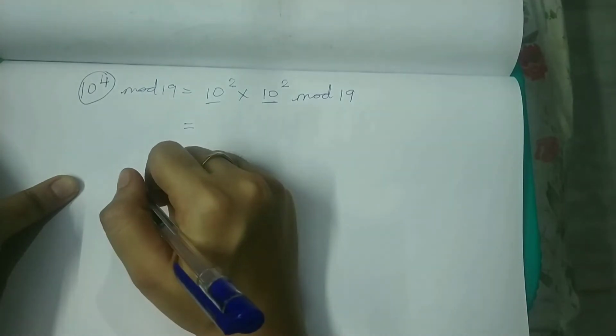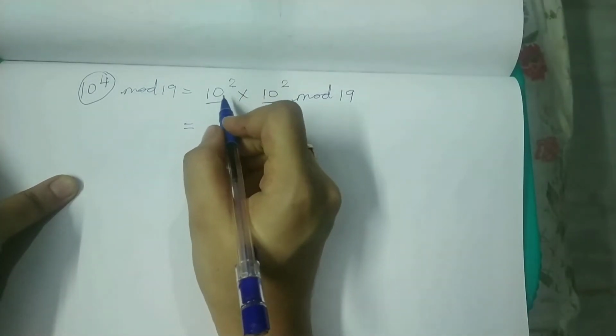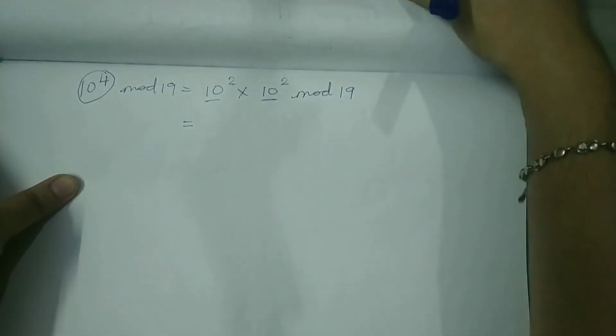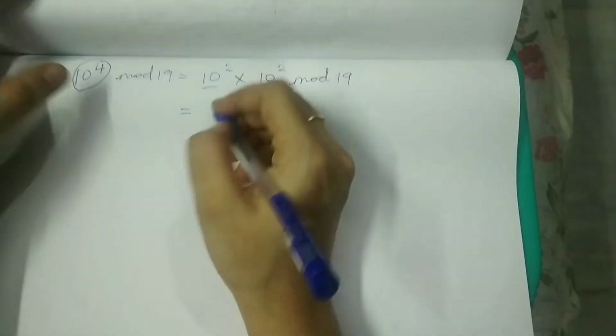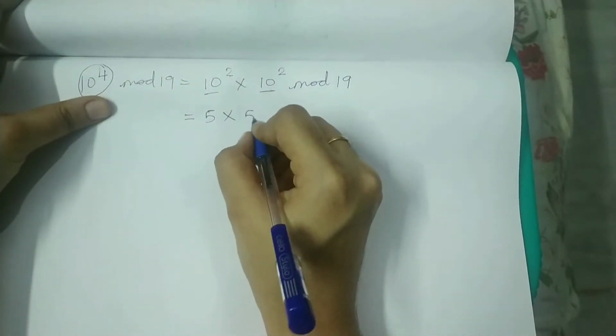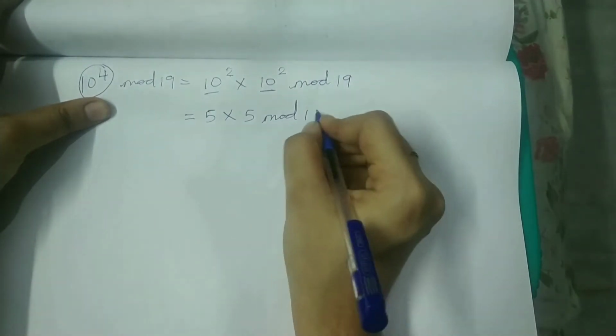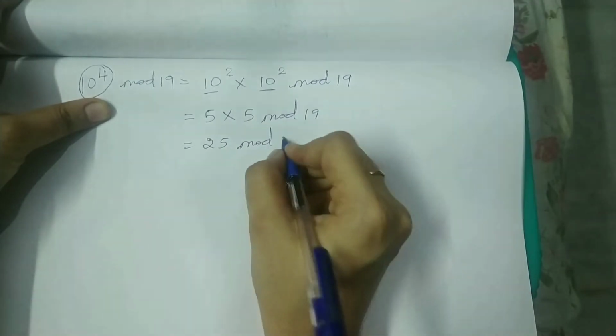I already found the answer for 10 square mod 19. The value for that is 5. So 5 into again 10 square mod 19, so 5 into 5 mod 19, which is equal to 25 mod 19.